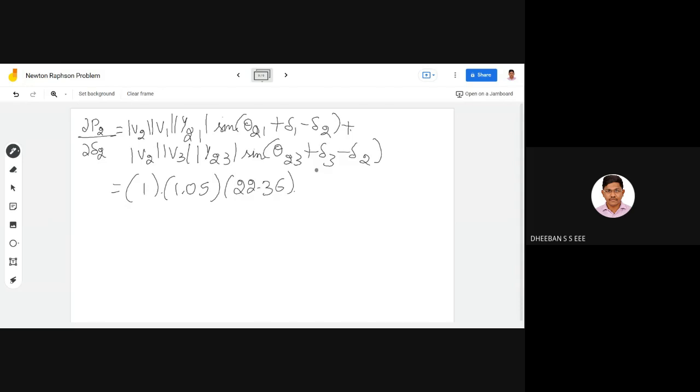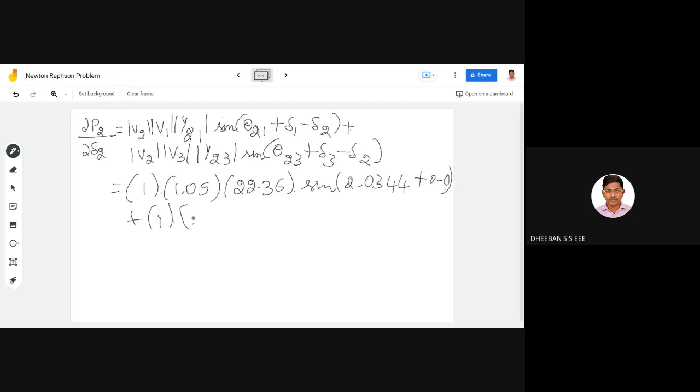Over here it will be sine of theta 2 1, around 2.0344, plus del 1 is 0 minus 0, plus V2 again 1.